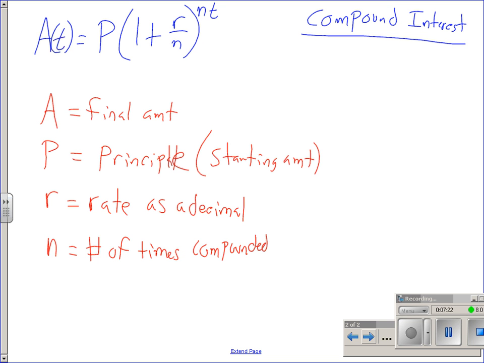The next month you have a little bit more money, so they pay for that. So you're earning interest on interest every month. So it's the number of times you're compounding, usually monthly, so N would be 12. Sometimes it's quarterly, so N would be 4. Could be weekly, so N would be 52. You get the idea. T is time. Typically, it's years. It certainly doesn't have to be. Typically, it is. So a time frame.